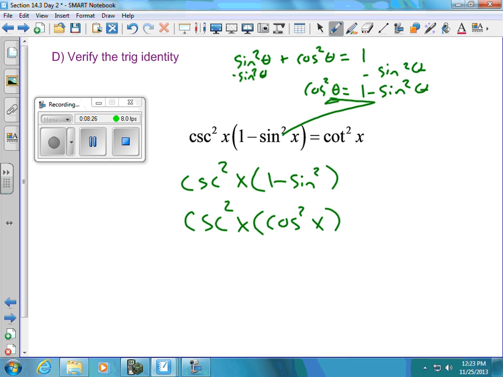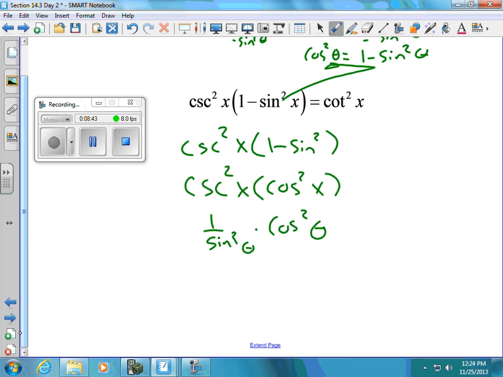Cosecant squared times cosine squared. Well, cosecant squared is 1 over sine squared, which times cosine squared. Remember, we want to prove this is cotangent.